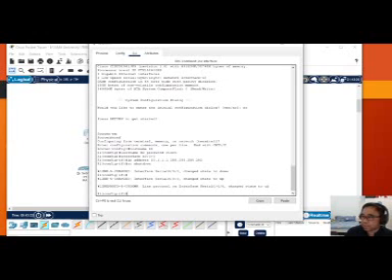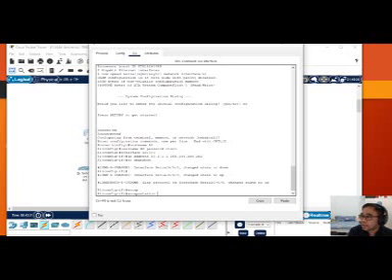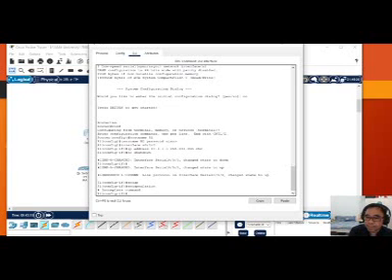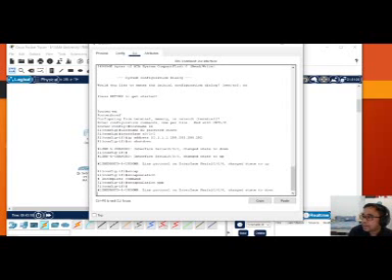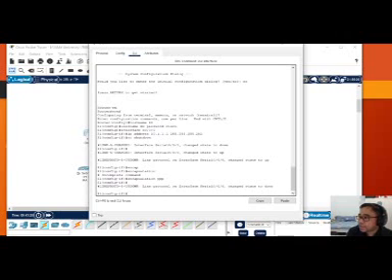Then we set up the encapsulation. Encapsulation PPP, and PPP authentication CHAP.